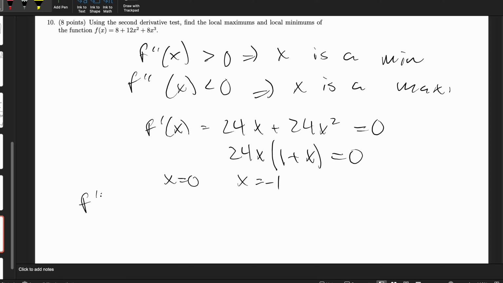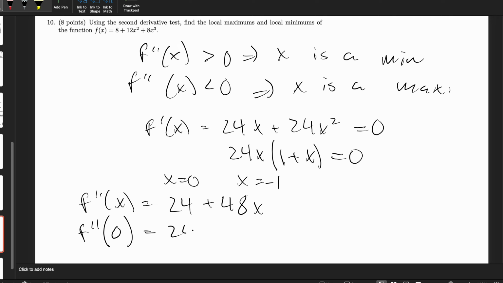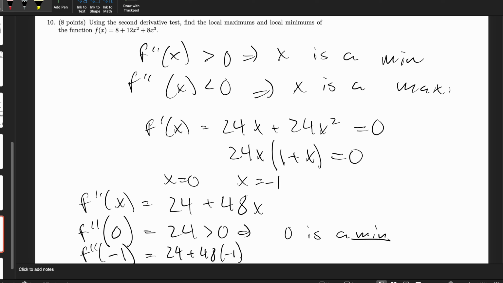So second derivative is 24 plus 48x. All right, now let's just plug in our critical values. f double prime of 0 is 24, which is positive. That tells me 0 is a min, since it's positive. f double prime of minus 1 is 24 plus 48 times minus 1.